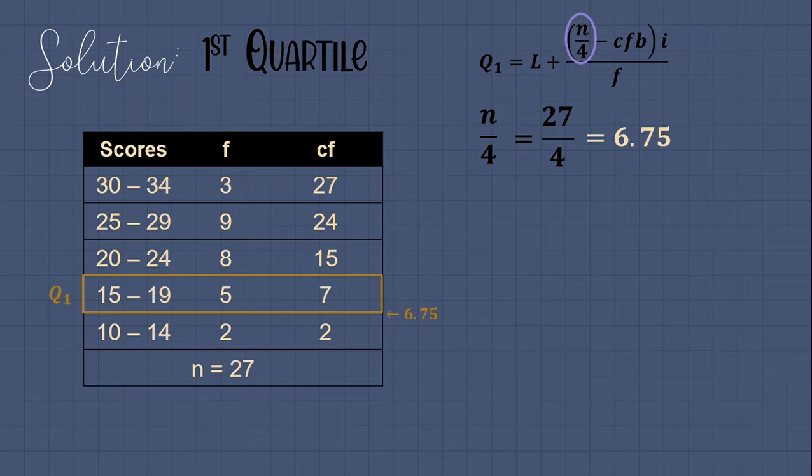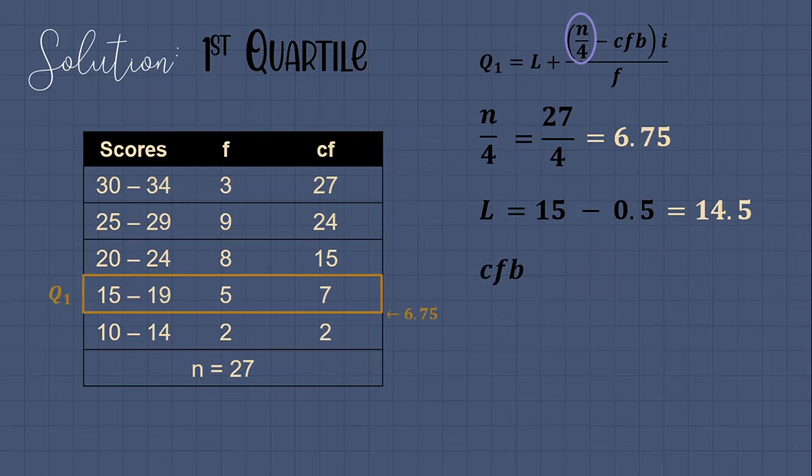We can now locate our L. L is the lower boundary, so we get the lower limit, which in our quartile 1 class is 15, the lower score. We're going to subtract 0.5 to get the lower boundary. So our L, or lower boundary, is equal to 14.5.